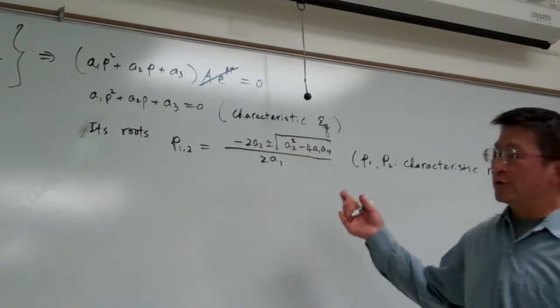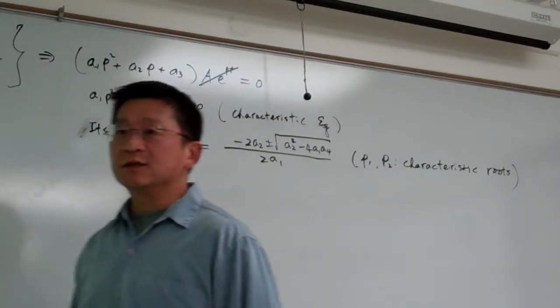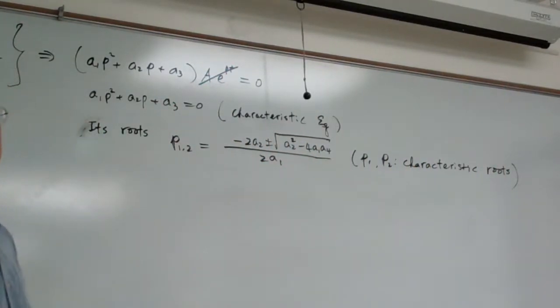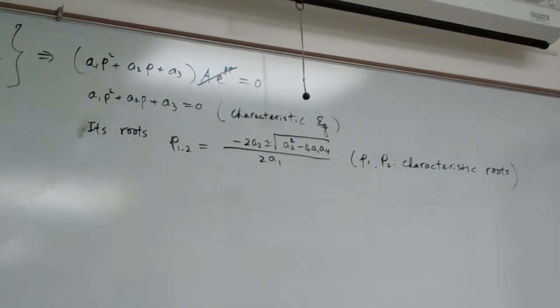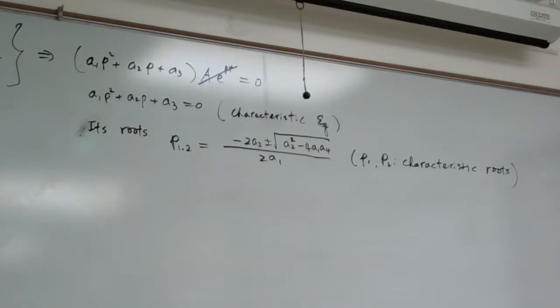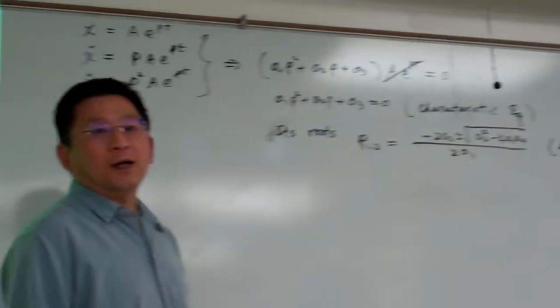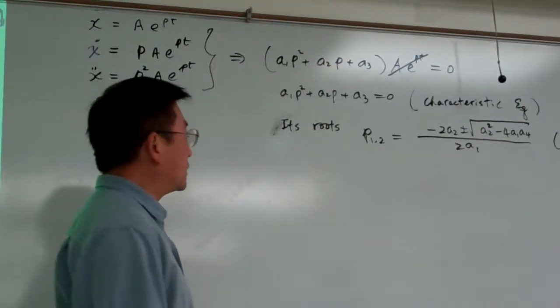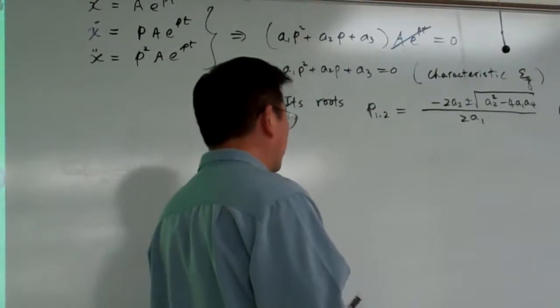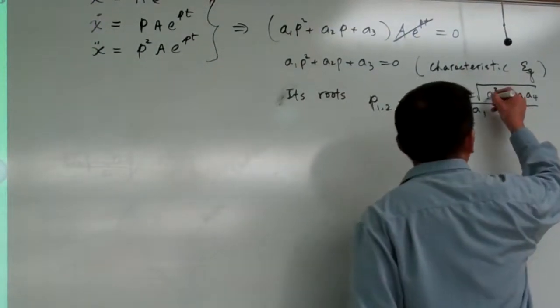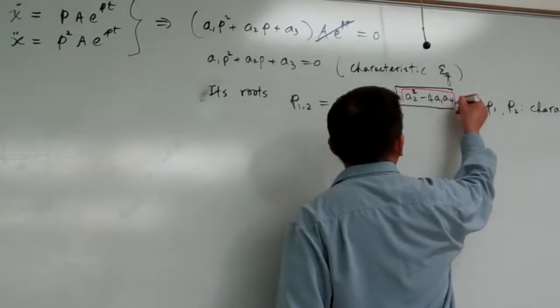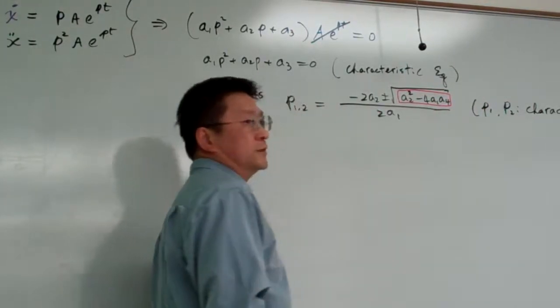That is very straightforward, and we're going to use this as a template for all of our solution processes. Keep in mind that we're going to discuss three possible solutions, depending on the content inside the square root. These are numbers, and we calculate within the square root.